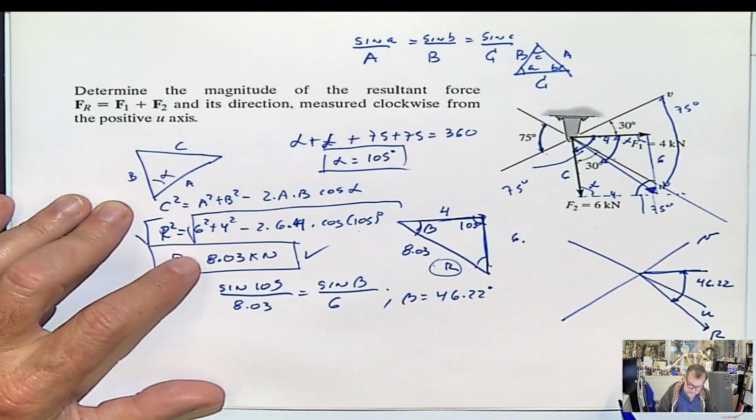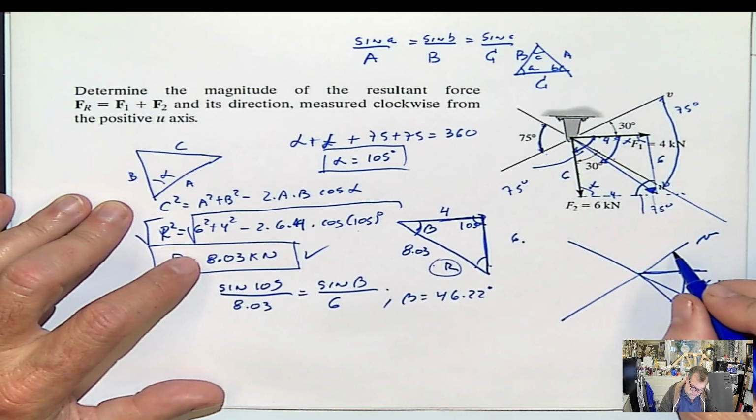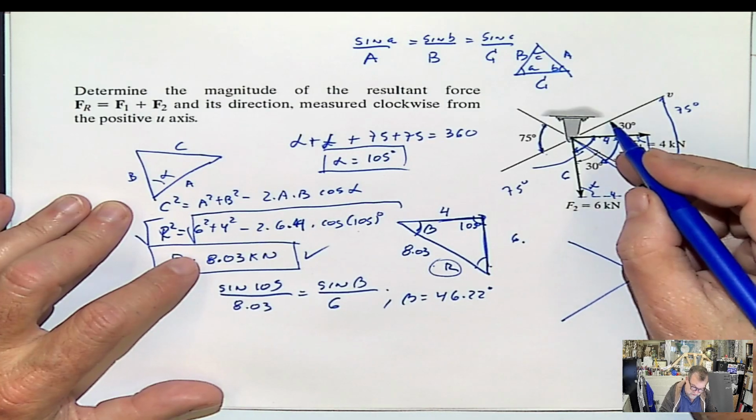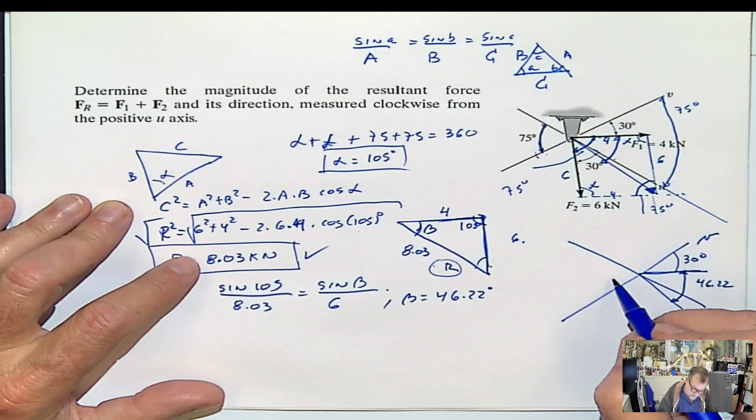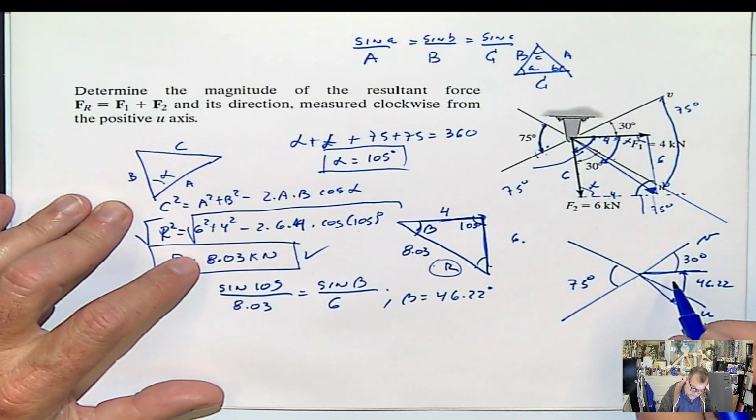That was beta. But now, previously, we know that this angle is 30, is given, and we know that the total is 75, meaning the distance from here to here is 45, the distance, not the angle. I always say distance, but you know what I mean, 45.